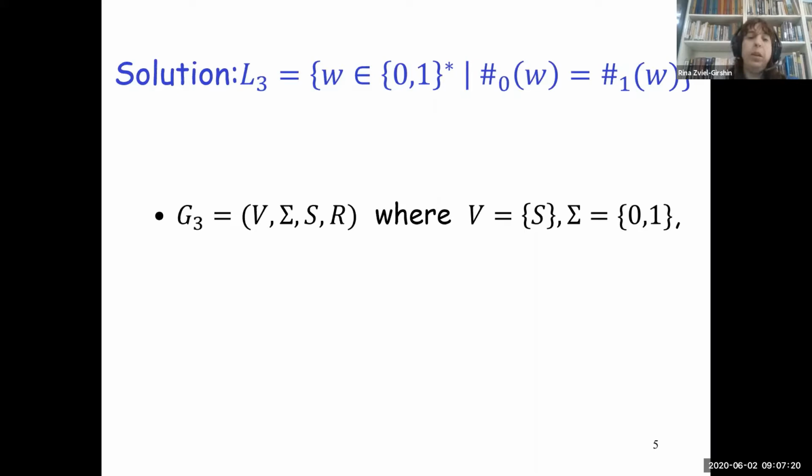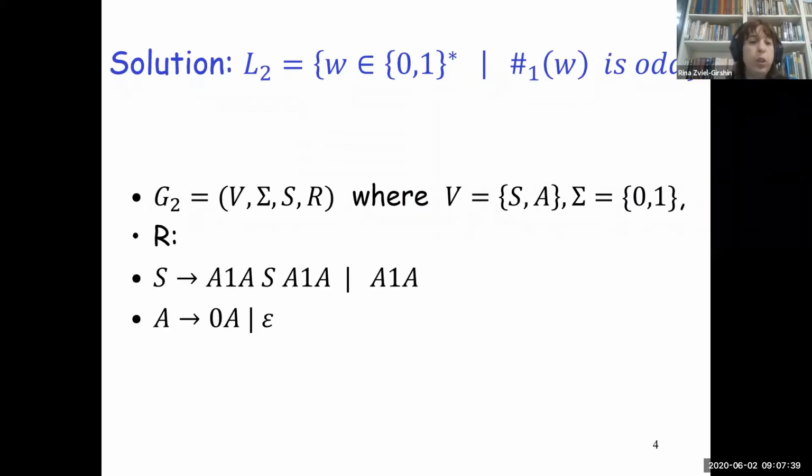Okay, I believe that you solved this question. So basically for each zero I add, I would like to add additional one. So the idea is that for each zero, we add one, and for each one, we add zero.